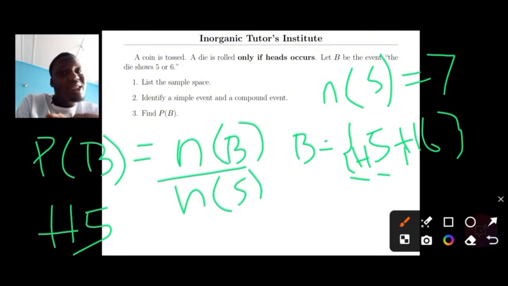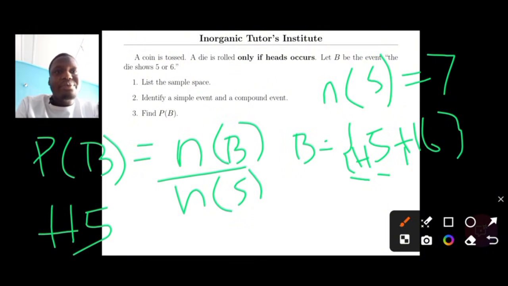Getting a 6 means that you already had a head. So even if the question does not mention that B is the event of getting a head and later getting 5 or 6, once it's silent about the head, it's automatically implied, because you can't get 5 or 6 without getting a head. Okay.